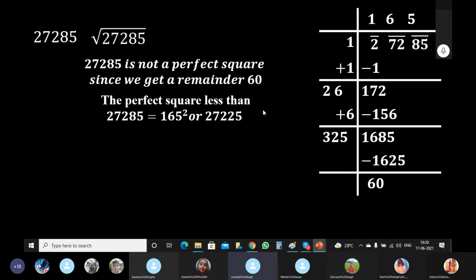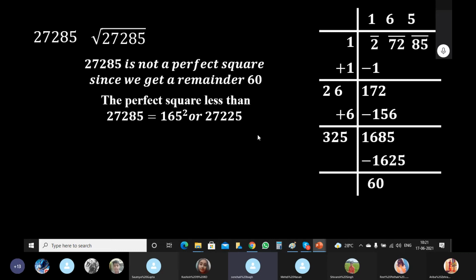Since we have to add a number, we have to check the next square. And what will be the next square number? 166. If we subtract, we will get a smaller number, right? But our question says what must be added, not what must be subtracted.